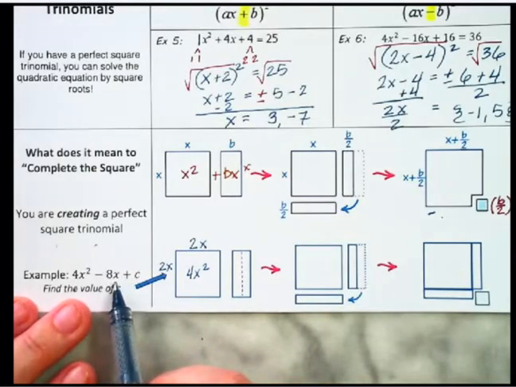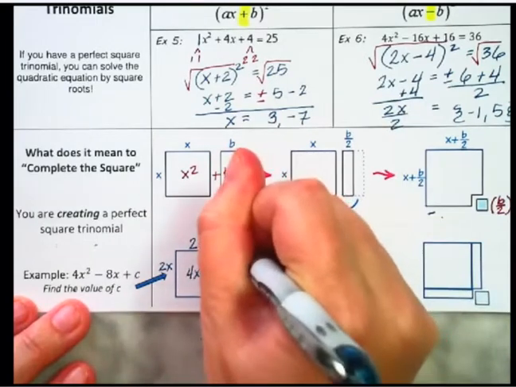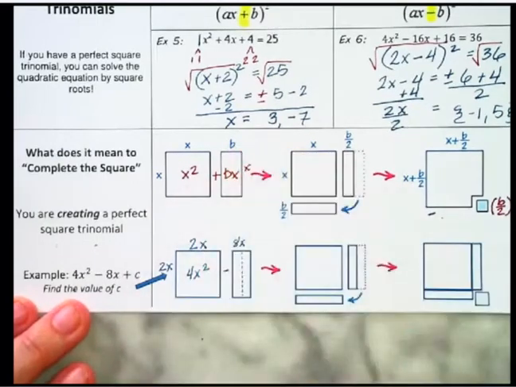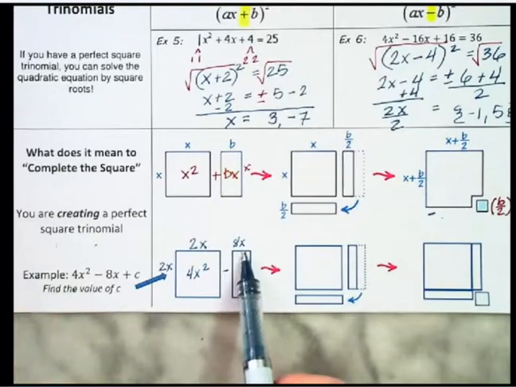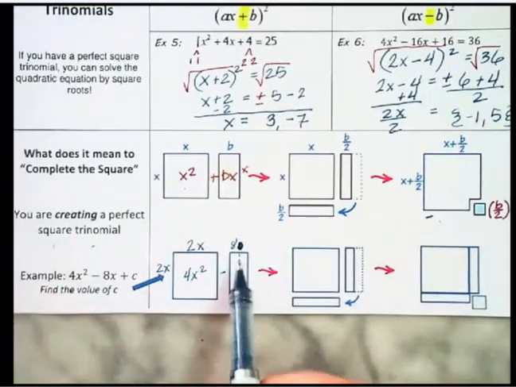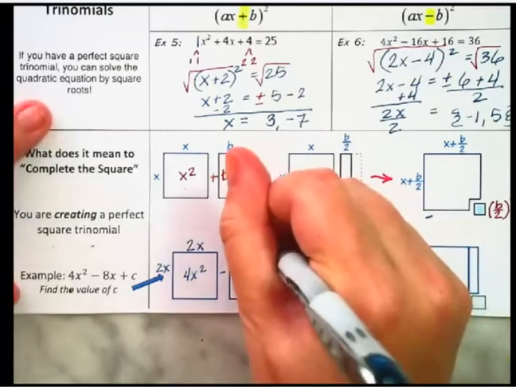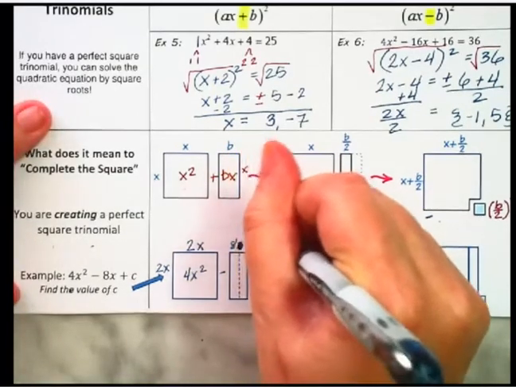Minus 8x. So this time I'm just using the 8 right now. Excuse me, that's not x. I want to divide this 8 in half. What is 8 divided in half? 8 over 2 is 4.